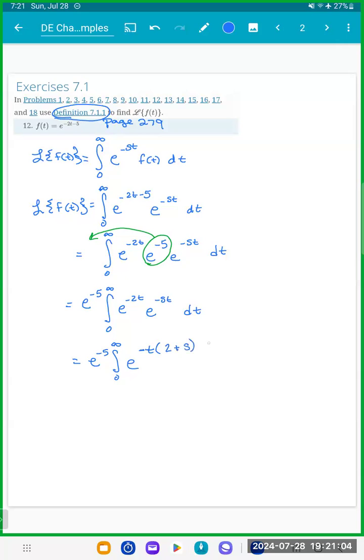And then finally, we take that integral. That's going to give me e to the negative 5 over 2 plus s times e to the negative 2 plus st. And we want to evaluate this from 0 to infinity. And when we do that, we end up with e to the negative 5 over 2 plus s. And we need to just ensure that s is greater than negative 2.